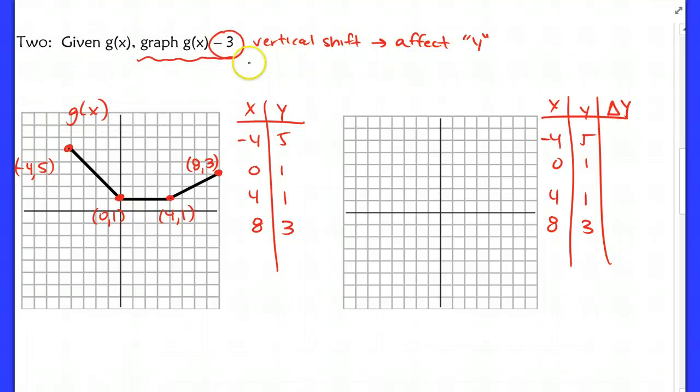This is a shift down 3 units. And that means I'm going to subtract from this y column, I'm going to subtract 3. So the new y coordinate, after I do 5 minus 3 gives me a 2, 1 minus 3 gives me -2, 1 minus 3 gives me another -2, and 3 minus 3 gives me 0.